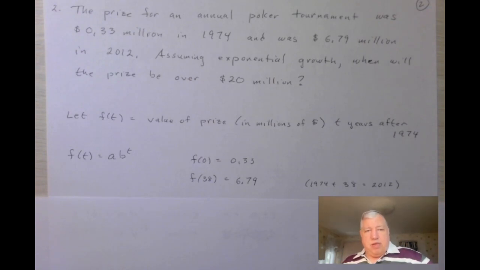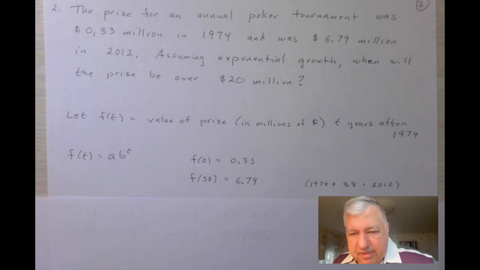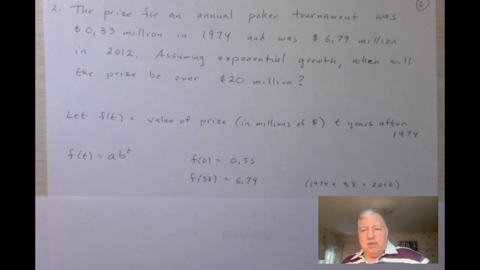When t equals 0, that corresponds to 1974, so f of 0 is 0.33, and 2012 is exactly 38 years from 1974, so f of 38 is 6.79.